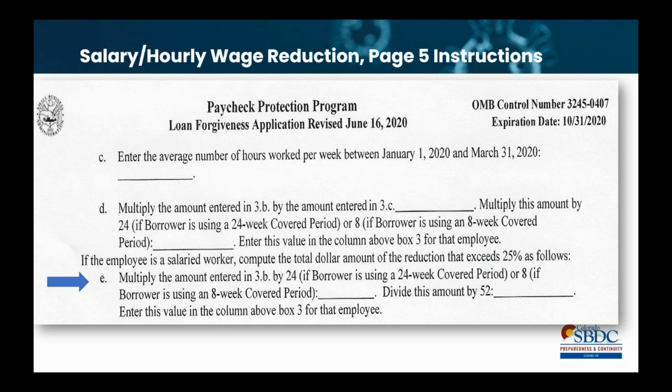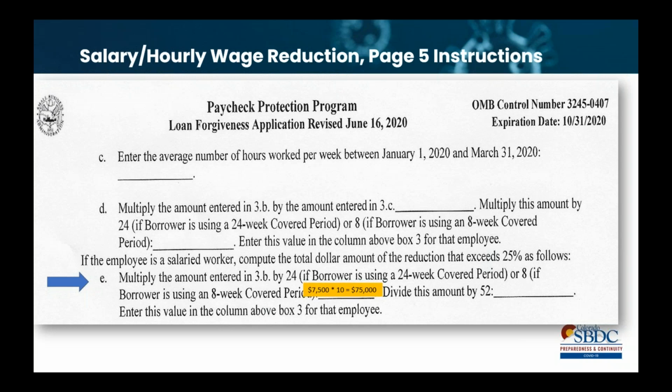We will do this by multiplying the annual reduction of $7,500 that we just calculated by the number of weeks in our covered period, and then dividing that number by 52 weeks in the year. I'll assume that we are using a 10-week covered period. Of course, it could be any number of weeks between 8 weeks and 24 weeks in your covered period.